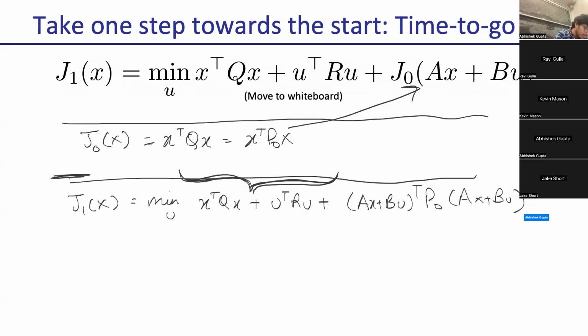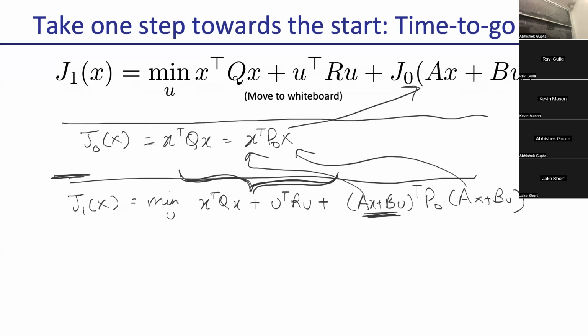You can think of this as substituting AX plus BU for X. All we've done is substitute the definition of J0 into the definition of J1. J0 is a function, and instead of X, you call it with AX plus BU. Do we buy that?